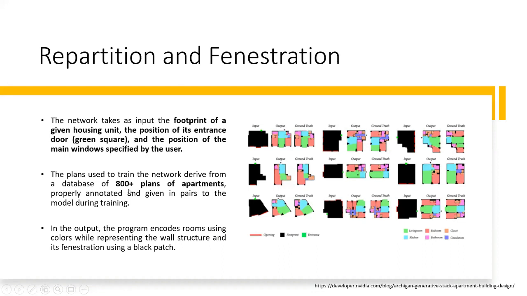They have labeled each plan properly and trained the model. And finally, they are able to get the planned outputs. In the output, the program encodes rooms using colors while representing the wall structure and its fenestration using a black patch. So this is one of the use cases where AI can help in architectural design.